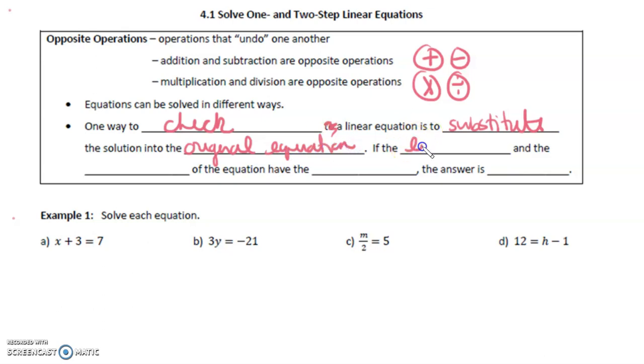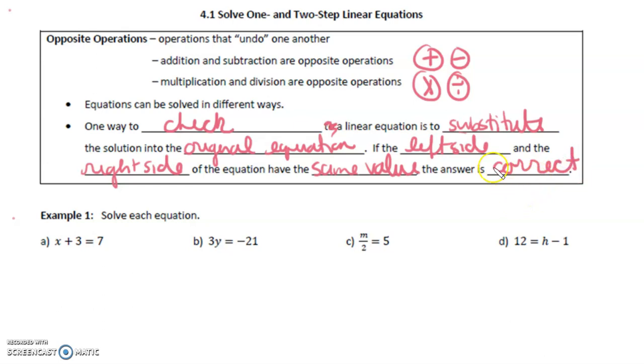Okay, and if the left side and the right side of the equation have the same value, the answer is correct.